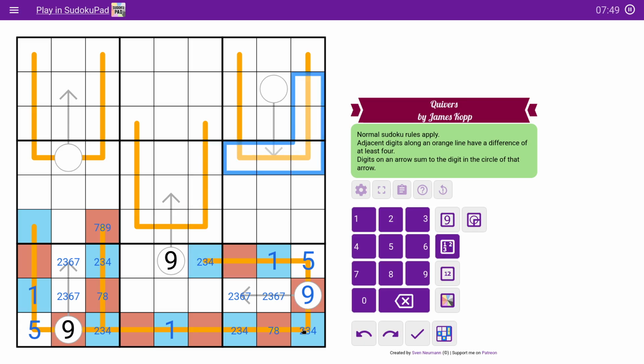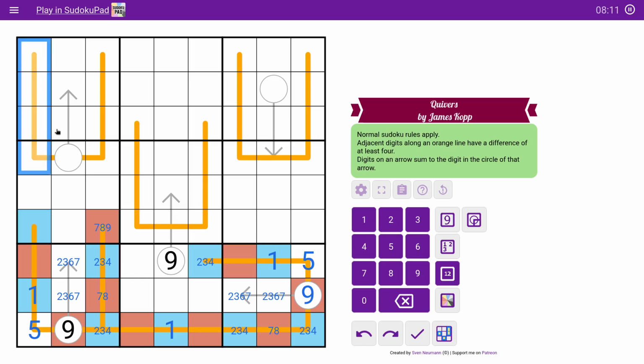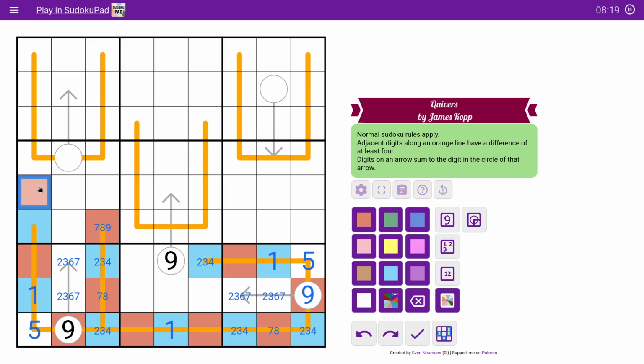Now what? Upper right or upper left? I'm feeling upper left more. There's no 5 here, so these alternate between high and low. Too low, too high. Oops. So this is high. Again, no high here, no 5 here, so they alternate between high and low.